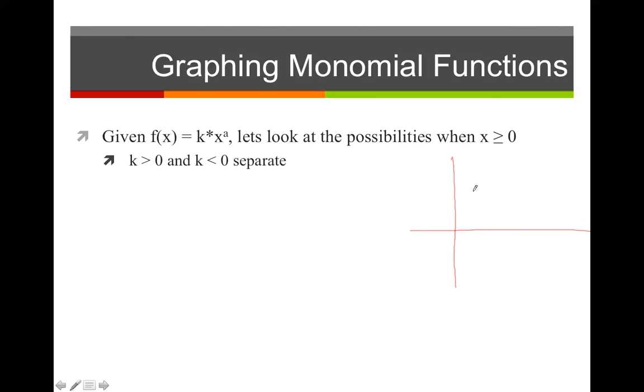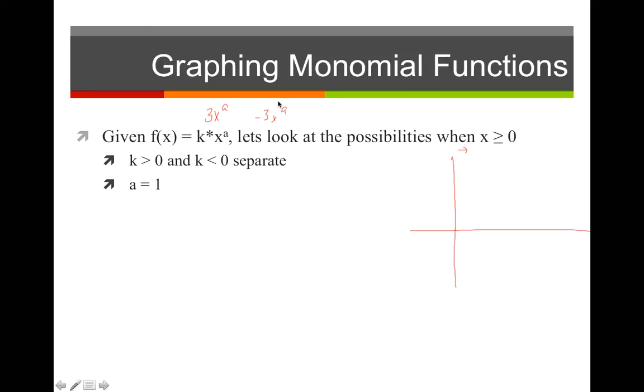If x is greater than 0, so we're looking on the right side of the y-axis, we need to do k less than 0 and k bigger than 0 as separate cases. If k is bigger than 0, we're going to have something like 3x to the a power. Or if k is less than 0, we get like negative 3x to the a power.